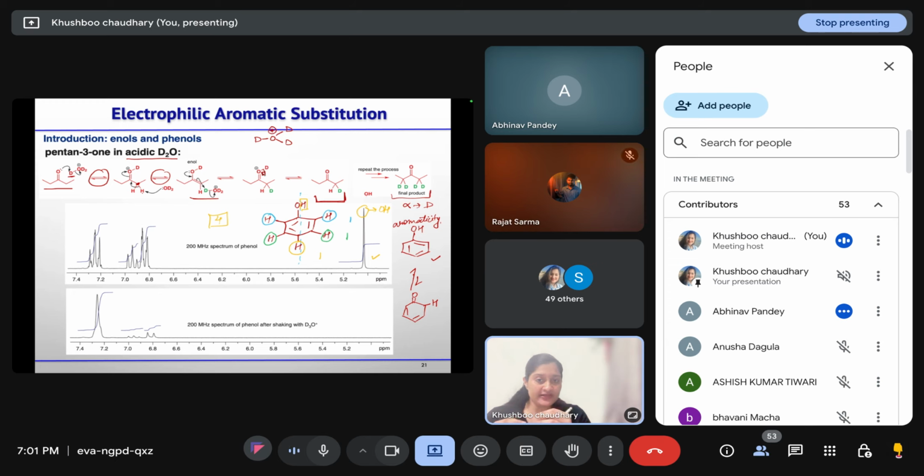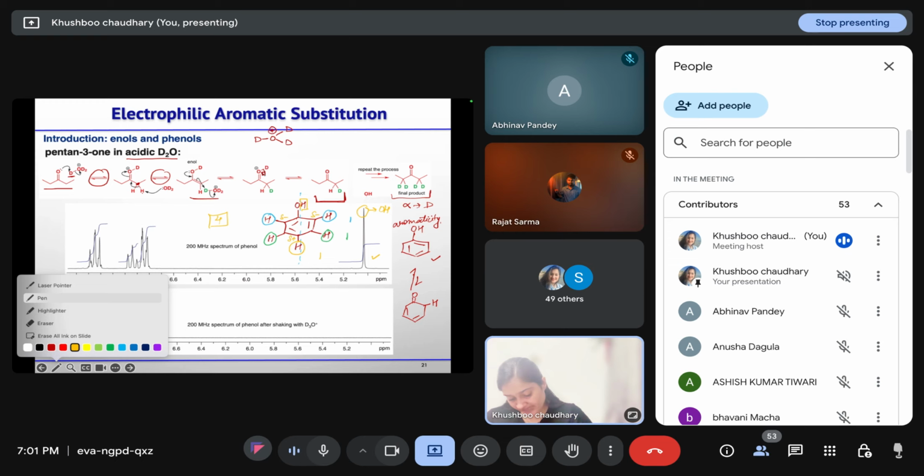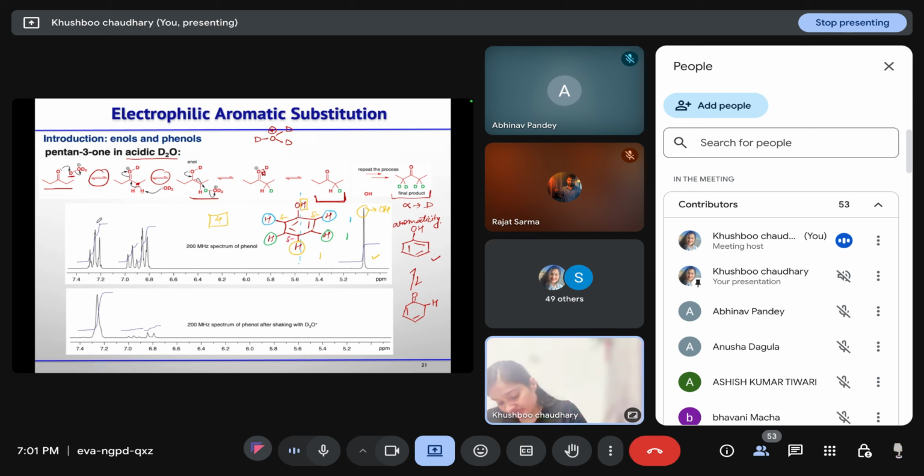Now OH is an electron donating group, so there will be more electron density at ortho and para positions. Because of that, the meta position will be the most deshielded one. So this signal is for meta protons, the most deshielded one.